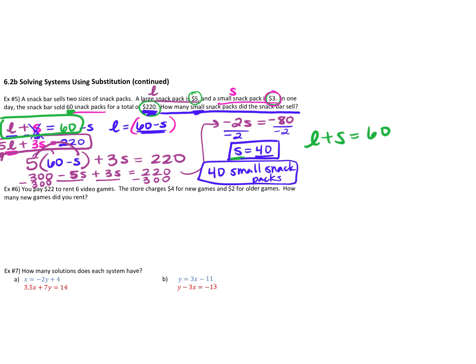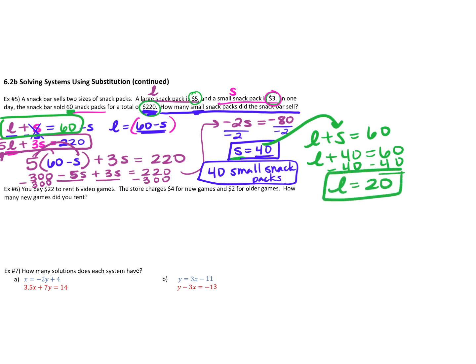So if I wanted to figure out how many large I have right now, I could plug this in. Large plus 40 equals 60. So take away 40, and your large number would be 20 snack packs, okay?